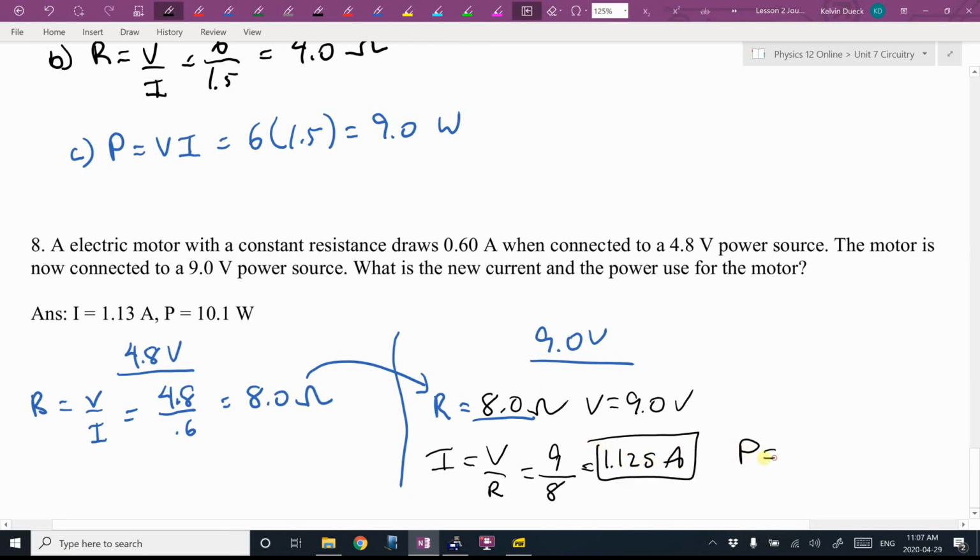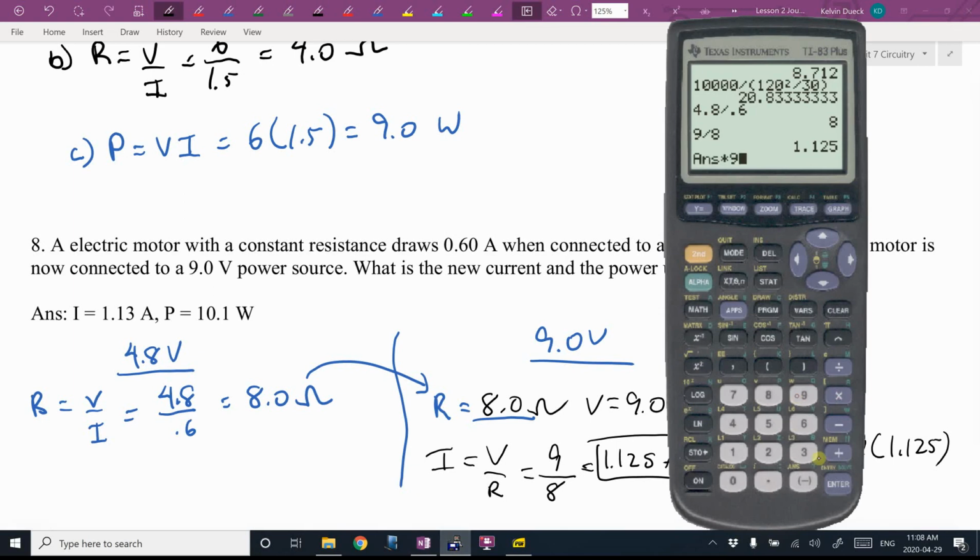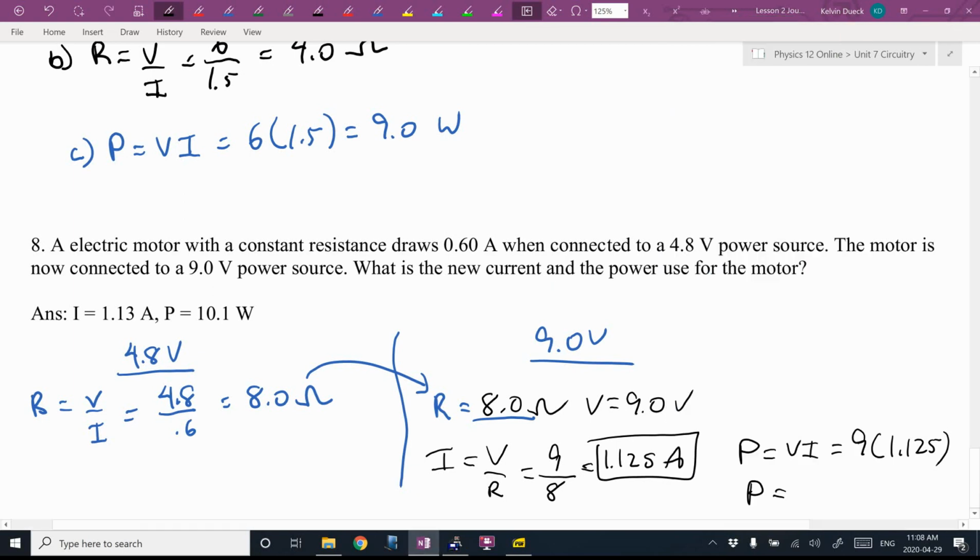And power, I could either go V squared over R, or V times I, and I'm going to go V times I. That's going to be 9 times 1.125. Power is going to be 10.1 watts.